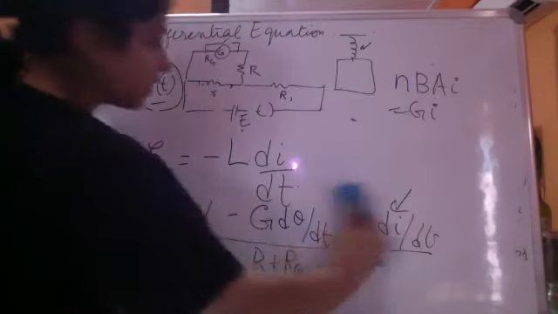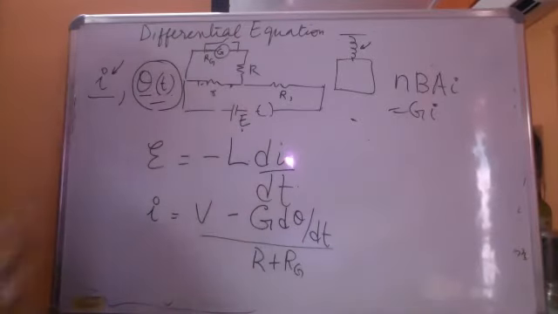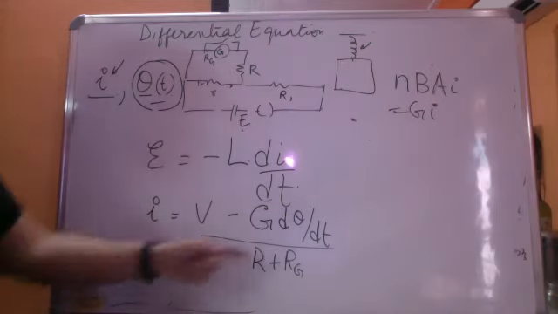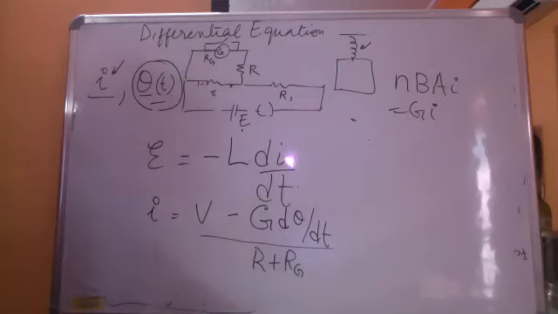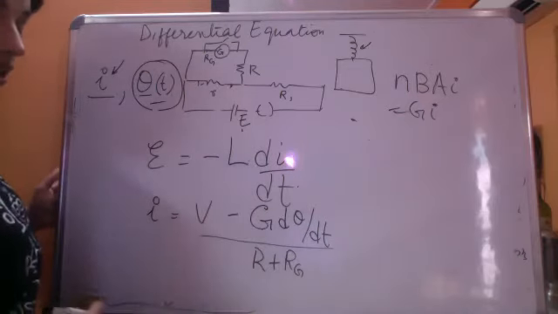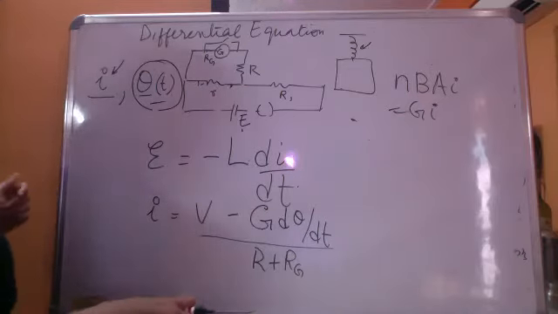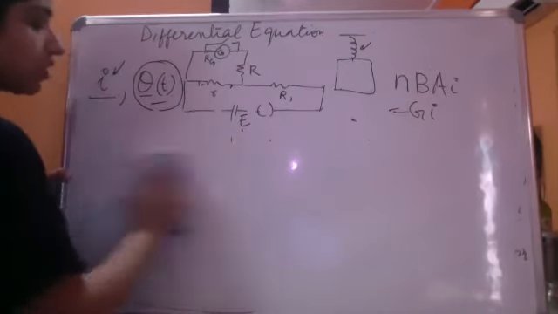So I can very well, for steady currents, ignore that term also. So the net current, instead of just being V by R plus Rg, is actually equal to V minus g d theta by dt over R plus Rg. So now let's write down our differential equation.